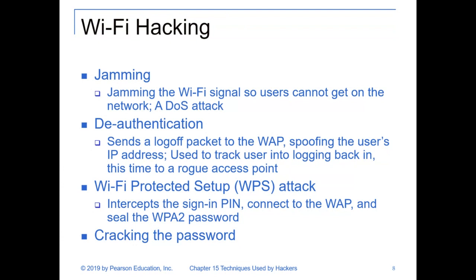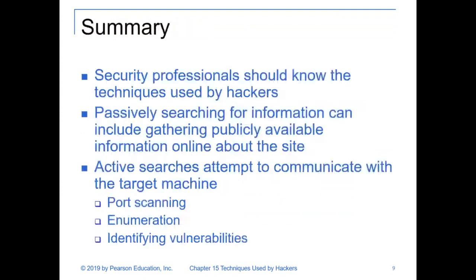Cracking the password is where you actually break the encryption. This is not necessarily likely to succeed unless you have a bad Wi-Fi password. If you have a bad or easily cracked password, it could succeed then.